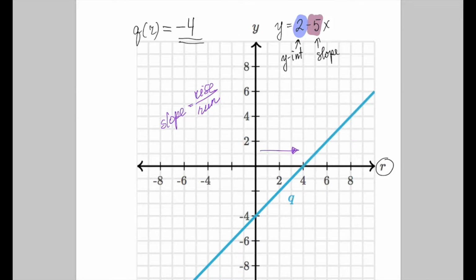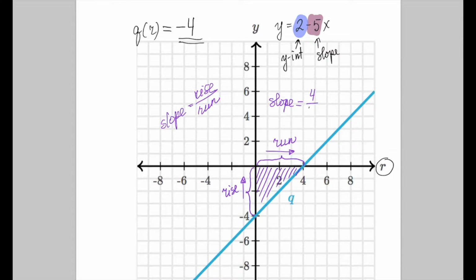Sometimes it's a drop over run, and we'll see another example with a drop. So in our case, it's a rise over run. I'm going to just take this triangle because it's already made and I'm lazy. So this is my rise and this is my run. Hence the slope for this particular function will be slope equals rise. It rose by 4, so rise was 4, and run was also 4.